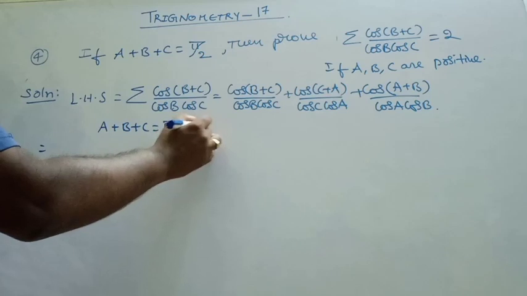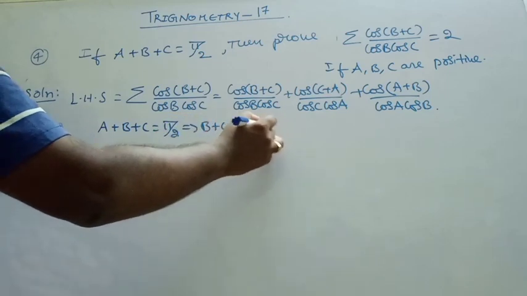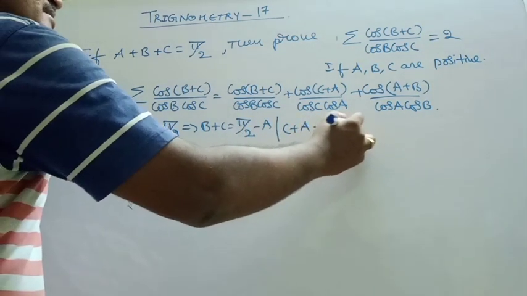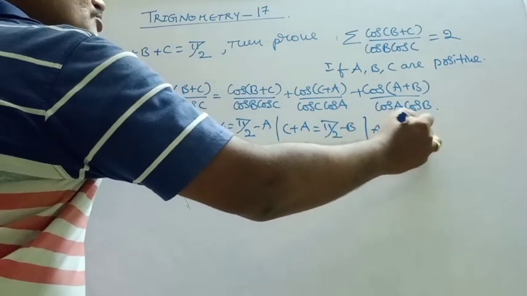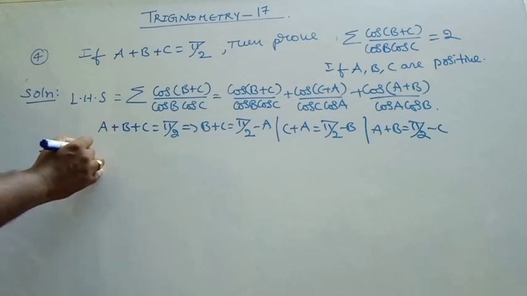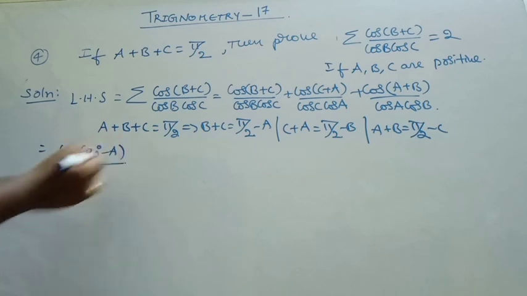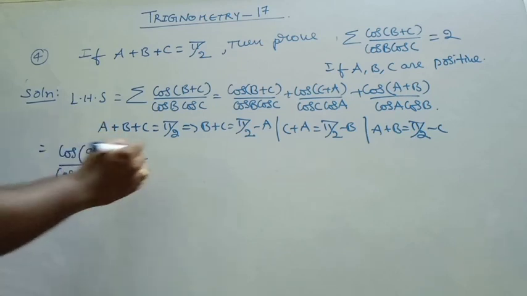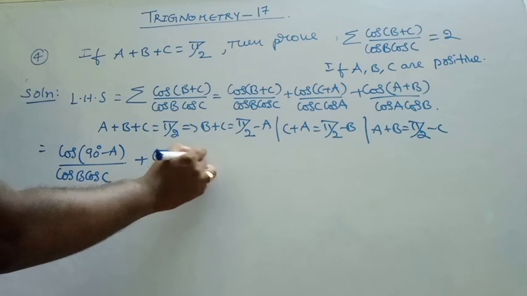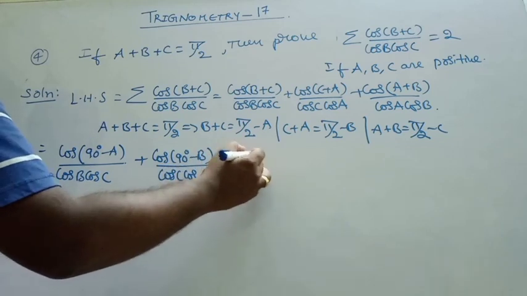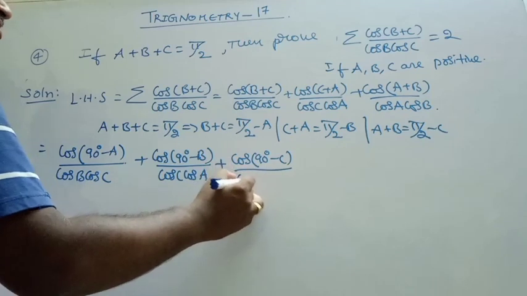That means B + C is equal to π/2 − A, that means 90 degrees − A. Also, C + A is equal to π/2 − B. Also, A + B is equal to π/2 − C. Therefore, if you substitute these, cos(B + C) we can write as cos(90° − A) by cos B cos C, plus cos(C + A), that becomes cos(90° − B), divided by cos C cos A, plus cos(90° − C) divided by cos A cos B.